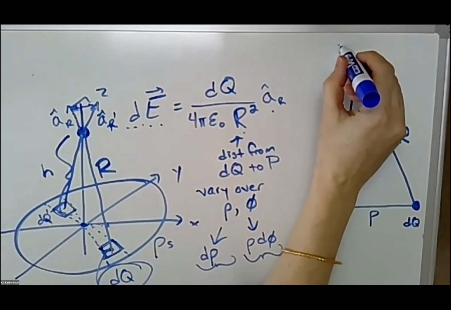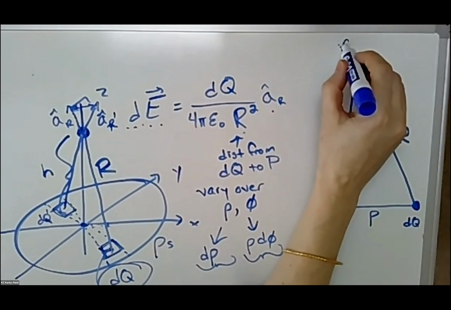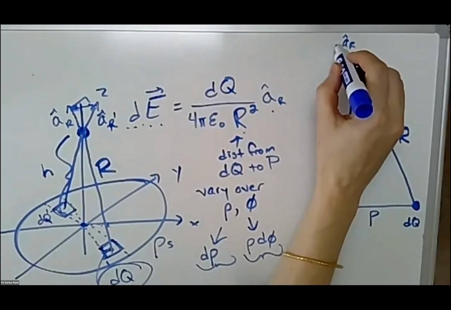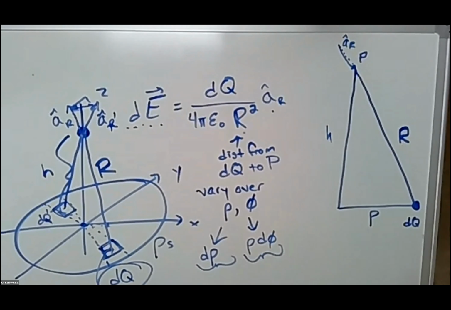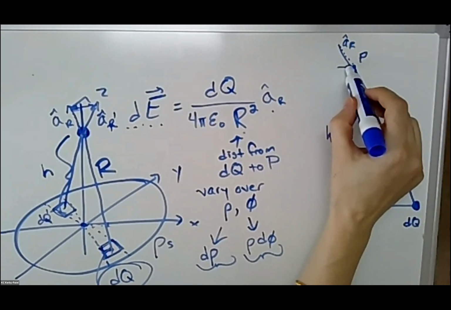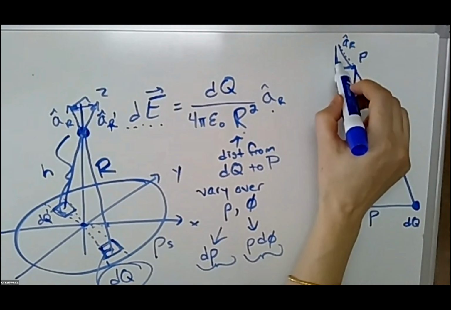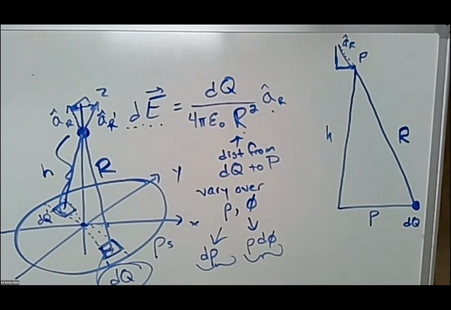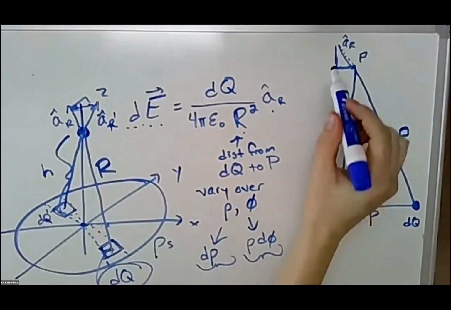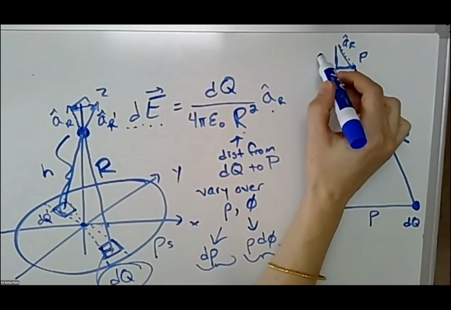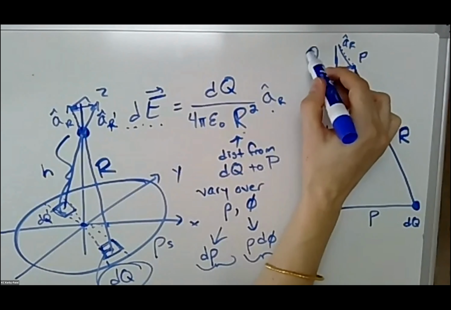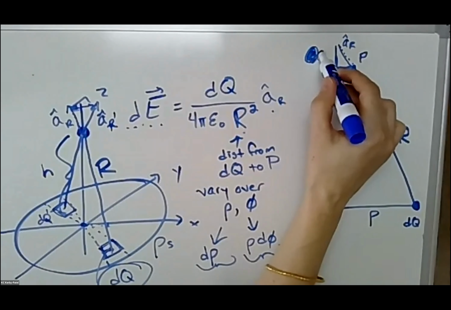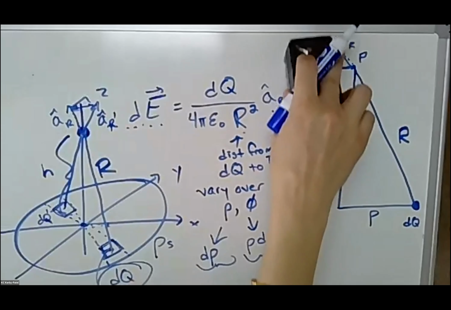Where is a hat r? It's right there. And its rho component is like that, and its z component is like that. So I'm going to name that a hat rho, and I'm going to name that, well, it's just the z component.